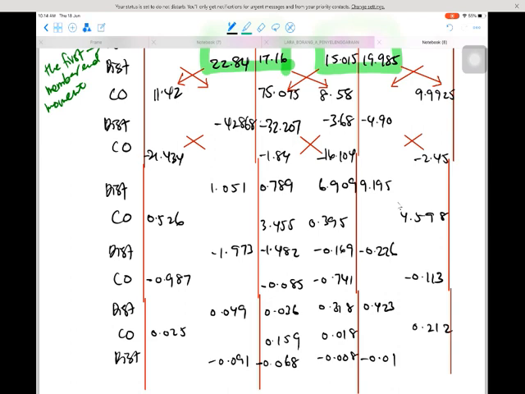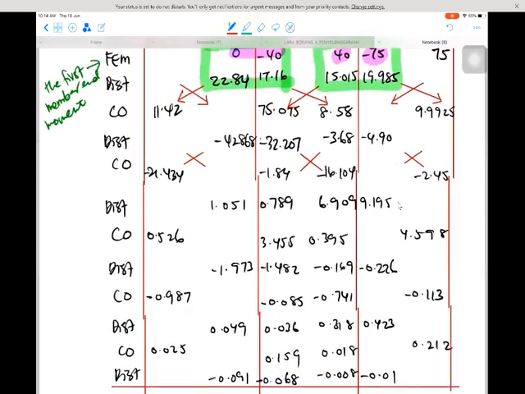So we will total all this moment value. Actually, for the moment distribution method, the easiest way to analyze the beam or the frame using a moment distribution method is by using Excel.